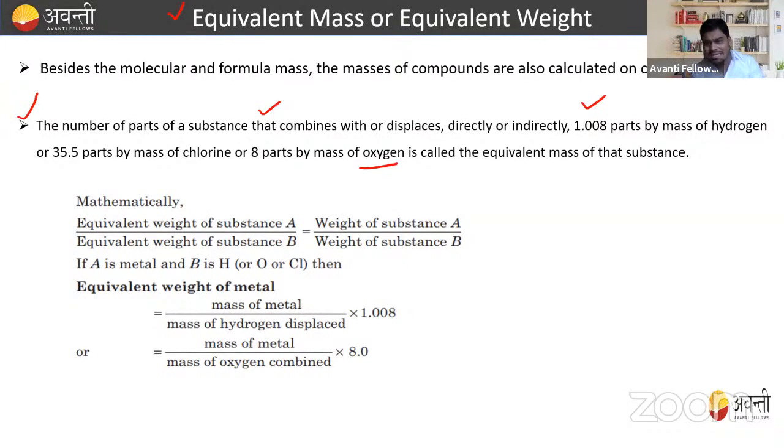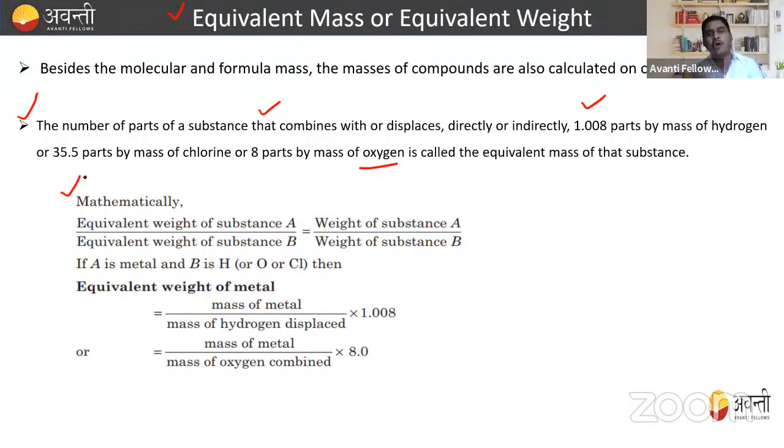It means that equivalent mass is the mass which can replace, directly or indirectly, 1.008 parts of hydrogen, or 35.5 parts of chlorine, or 8 parts of oxygen. On the comparative basis of these three things, hydrogen, chlorine, and oxygen, we can calculate equivalent mass.